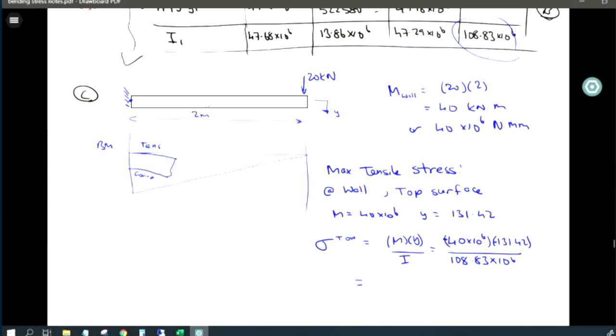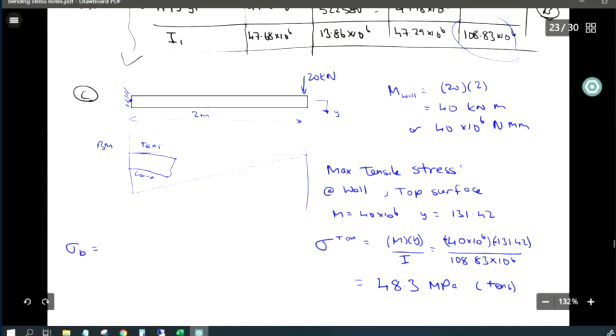But anyway, the answer is 48.3 pascals in tension.